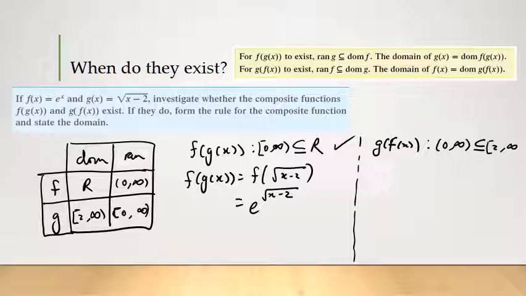If you have a look, because 0 to infinity is bigger than 2 to infinity, this is not contained in. So g of f of x does not exist.